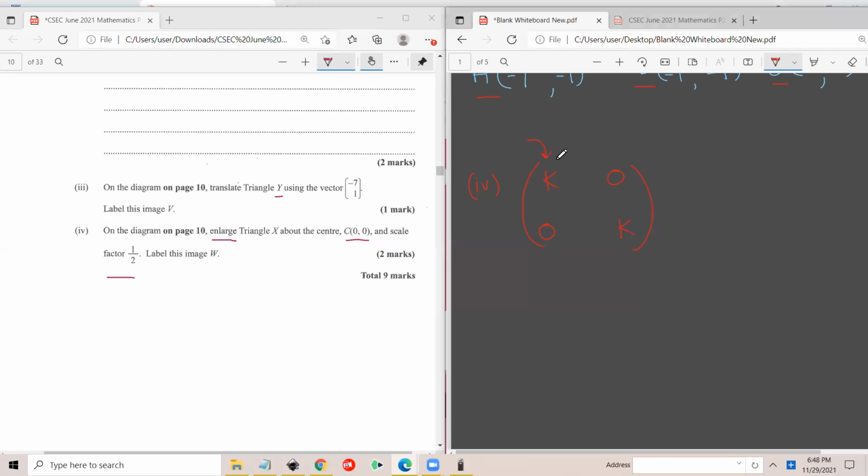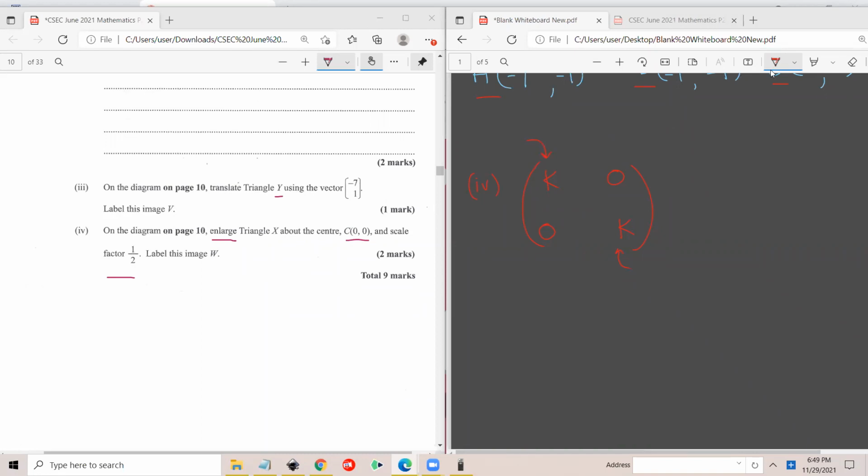What value do you think you have to replace the K with according to this question? The zeros remain in there, but what do you think we are going to be replacing the K with? All right, so some people say 0.5, some people say 1. Well, K stands for the enlargement factor.